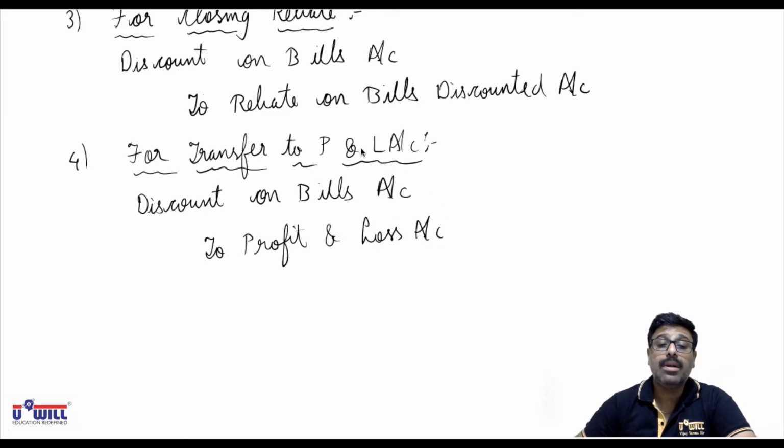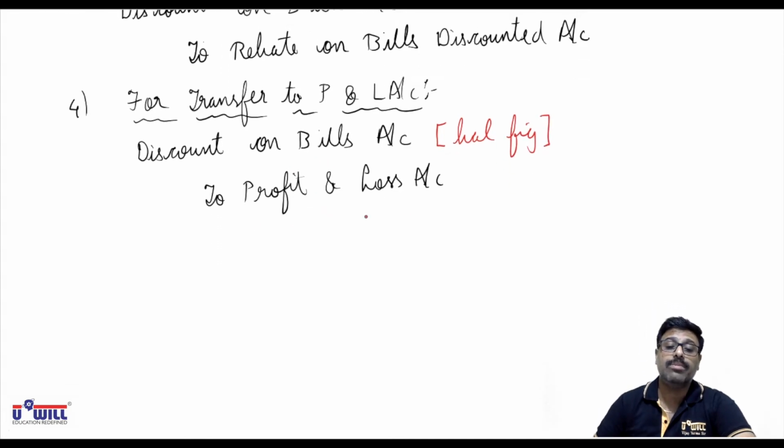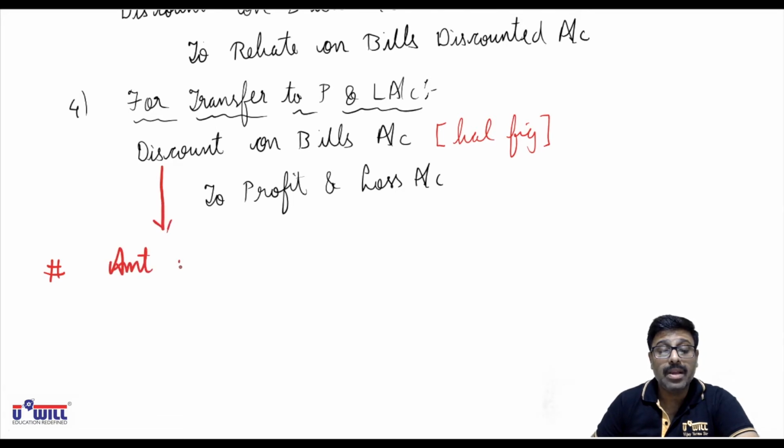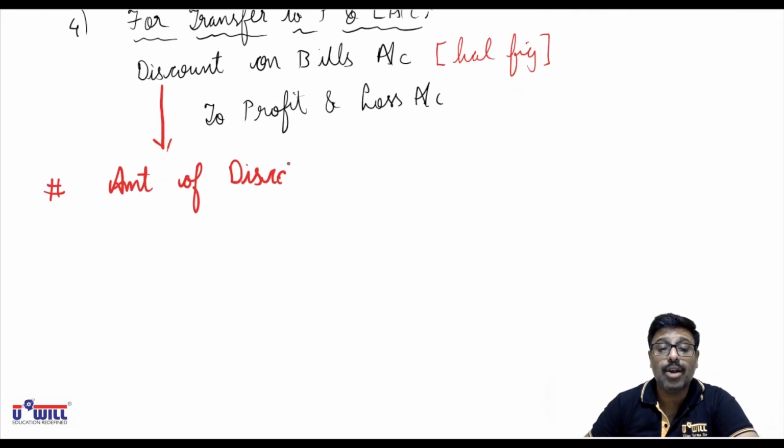What amount? If you are making the ledger account, then whatever is the balancing figure remaining in the ledger account of discount on bills will be transferred to profit and loss account. However, we are not going to make the ledger account. So how will we find this amount of discount to be transferred to profit and loss account?